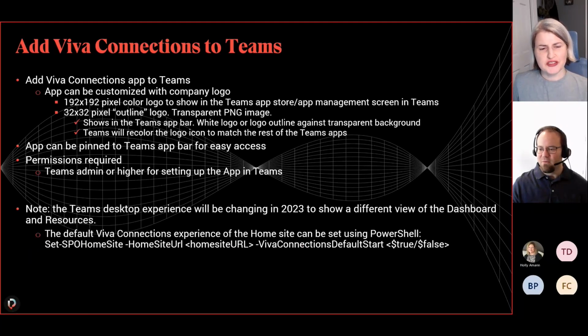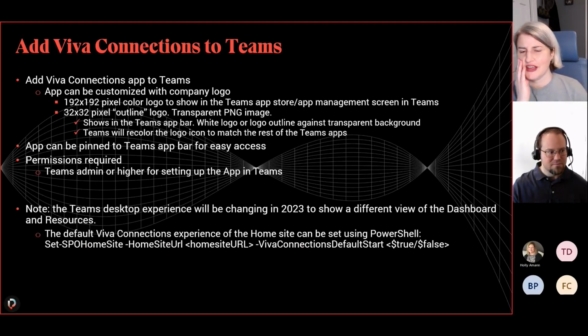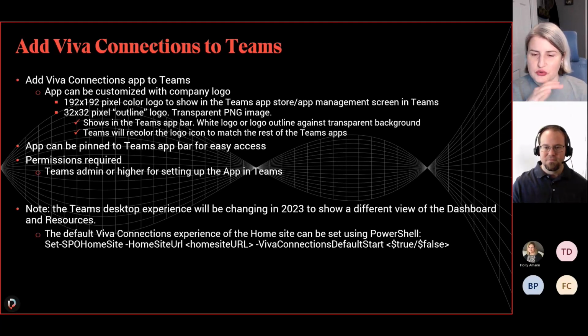One other thing to note about that, Ryan, is we talked about the fact that you need to have a communication site set as your home site for the current state. Right now, how you're setting up Viva Connections as of January 2023, that's what you need. These are the different things that you need to get this to work right now.